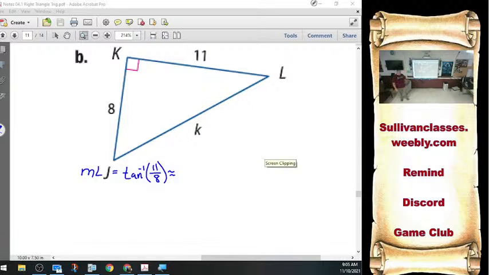Now once I have that angle, I can go find L by just subtracting from 90, right? I can do that. That's fine. If I were to find L first, though, now what are 11 and 8? Still tangent, but the measure of angle L would be the arctangent of 8 over 11.